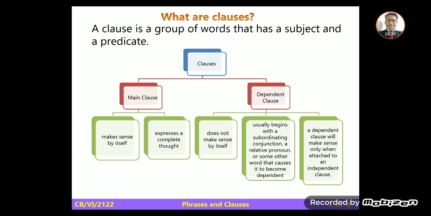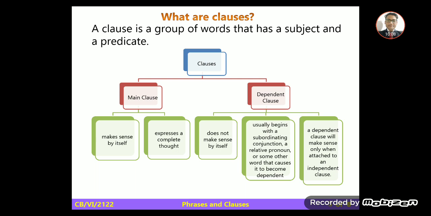The main clause makes sense by itself. It means it doesn't need any other sentence. It makes a meaningful sentence itself, and it expresses a complete thought, a meaningful message.